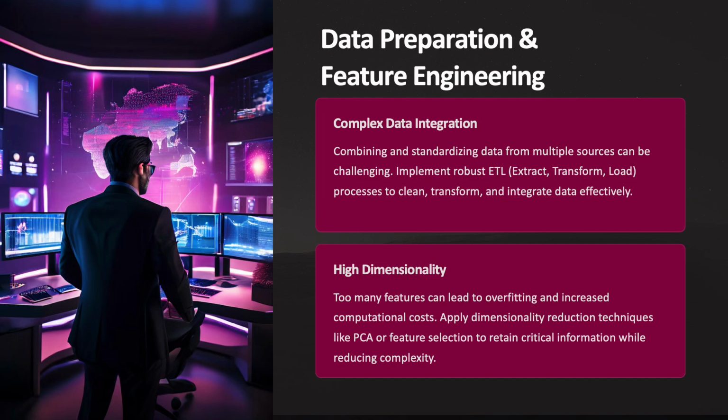After collecting data, the next critical step is data preparation and feature engineering. This process is essential for ensuring that your data is clean, consistent, and ready for analysis. Often, you'll need to integrate data from multiple sources, each with different formats, structures, and quality. Implementing a robust ETL process is vital to clean, transform, and combine these data effectively.